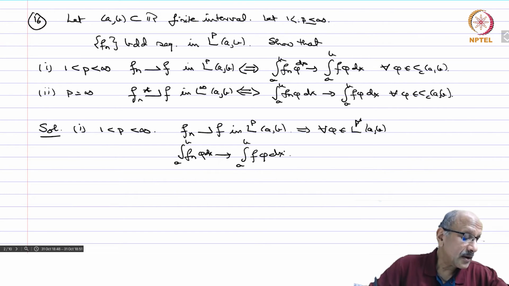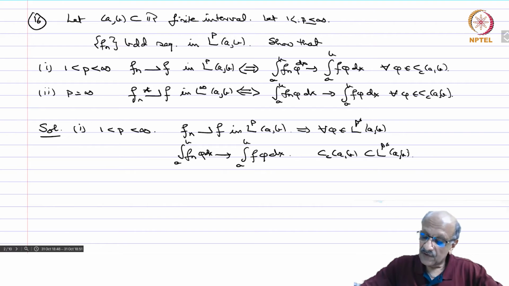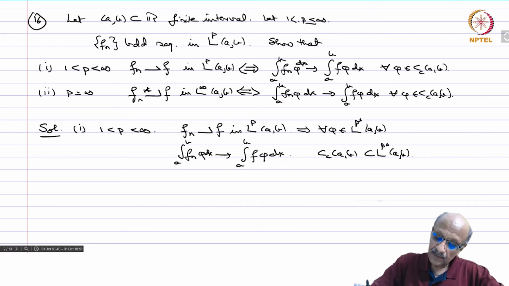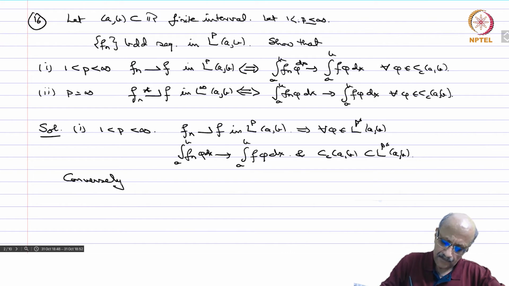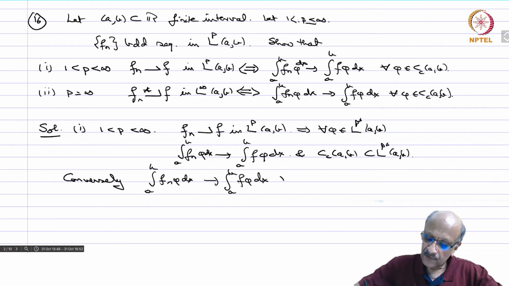Okay, and in particular, every continuous function with compact support C_c of (A,B) is contained in Lp star (A,B). It's in any Lp space, and therefore in particular you have that for every phi this happens. Okay, and conversely, so let integral of f_n phi dx over (A,B) converge to integral from A to B of f phi dx for every phi in C_c of (A,B).